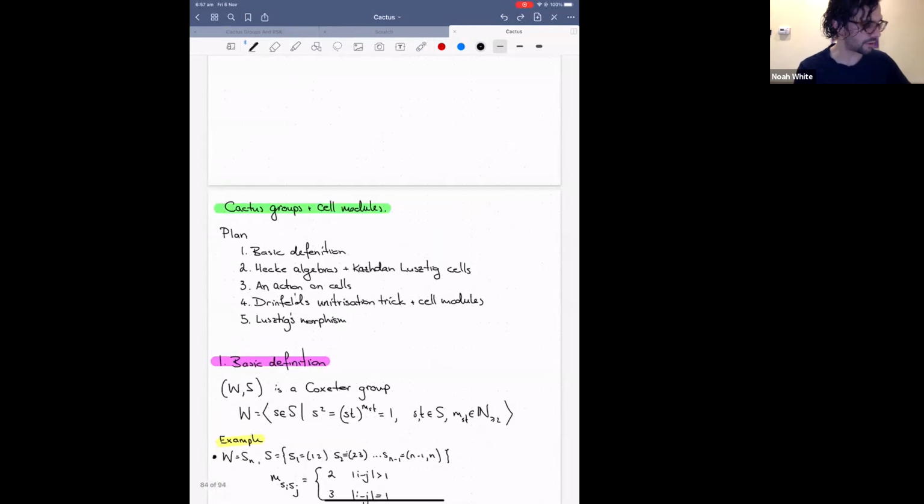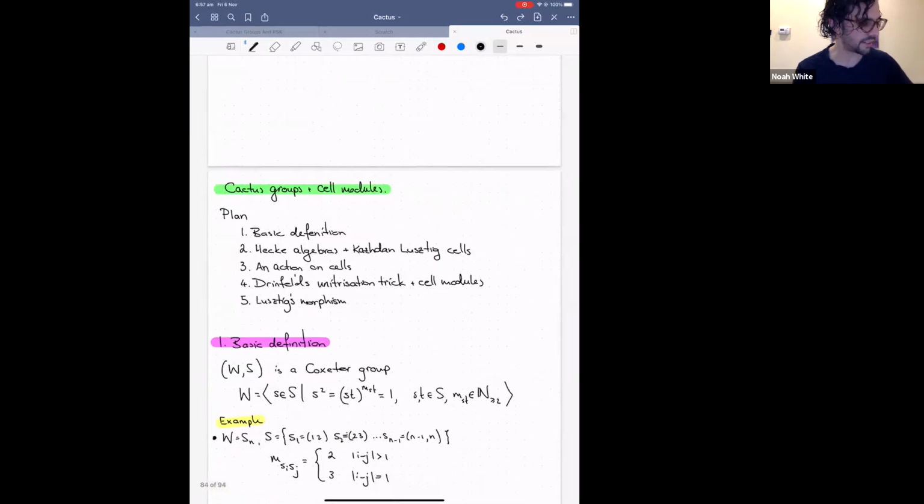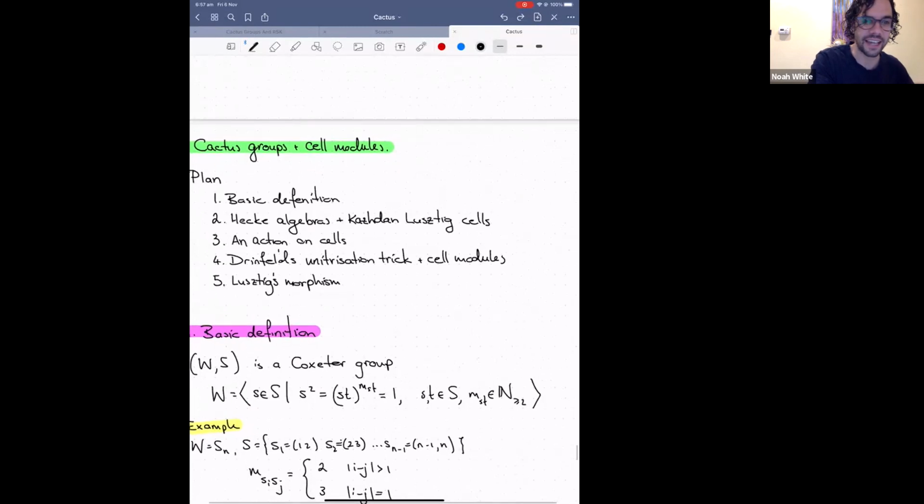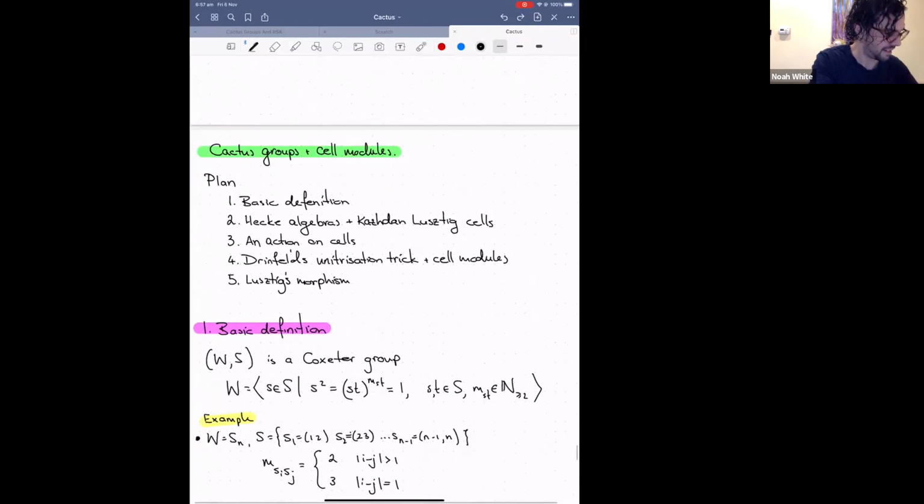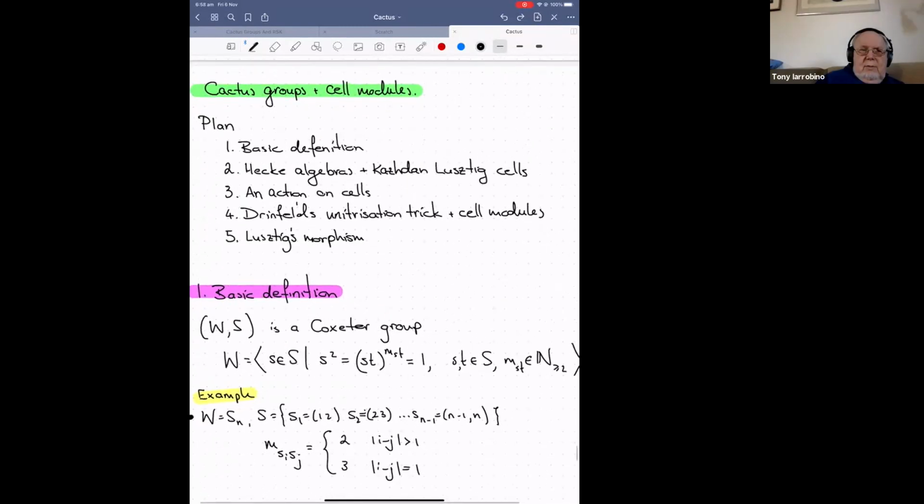The first thing I want to do is set some notation. So we're going to be working with Coxeter groups, and I'm going to be slightly vague. Is it possible to make it a little bit larger? That's good, thank you. I might have to zoom in and out at certain points.